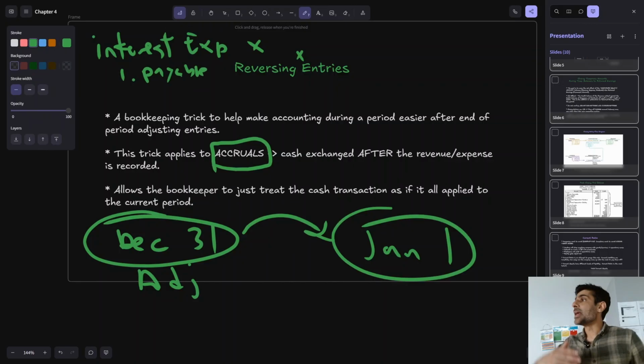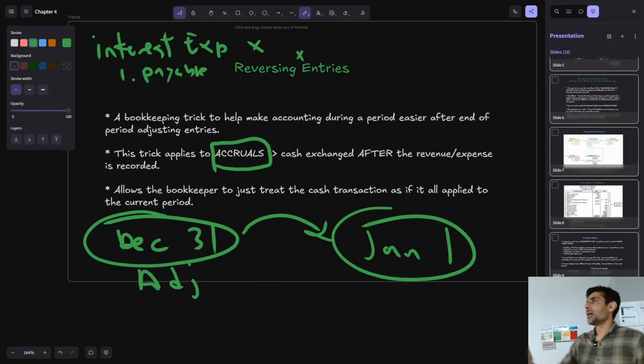In this case, the interest is getting paid after with cash, and we're just first recognizing it. Or it could be service revenue, accounts receivable. Anything where the cash is going to come afterwards, we're only going to be able to use this trick of reversing entries for those.